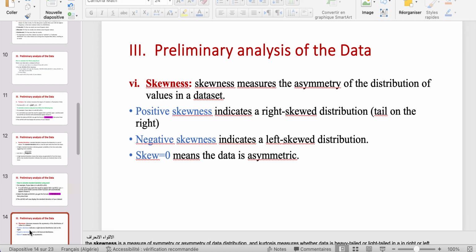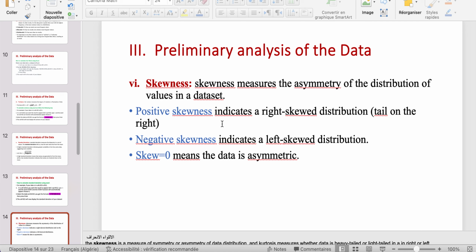When we calculate the skewness, if we have skewness equal to 0, it means that the values greater than the mean and the values less than the mean are the same. So we say here our distribution is a normal distribution.